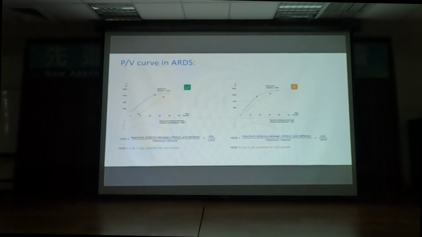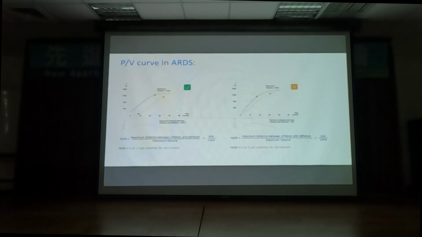Because each one of us has a different lung size, right? And the potential for recruitability has to be expressed by the potential to fully inflate. So the lung volume when fully inflated, which we can reach, plus this hysteresis of the PV curve. And this ratio of maximum distance between inflation and deflation and the maximum volume achieved gives you the so-called normalized maximum distance ratio.